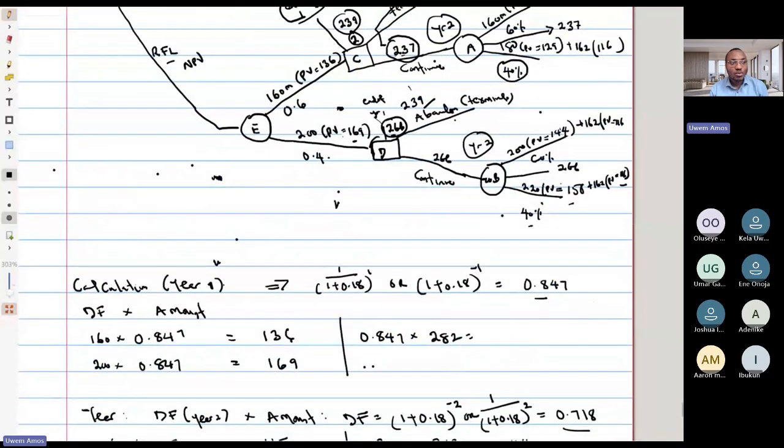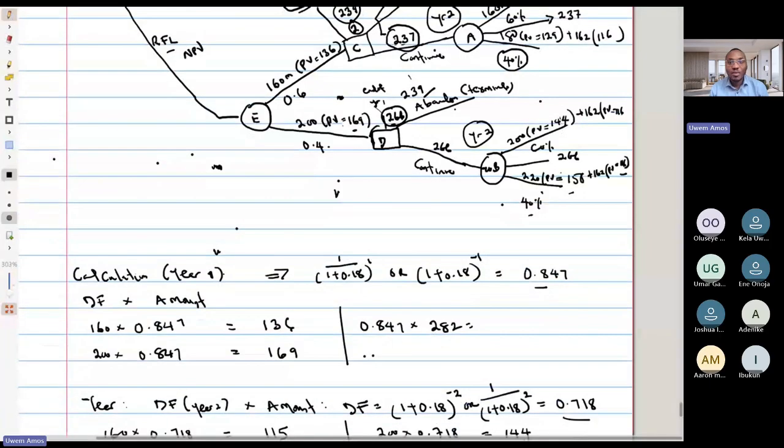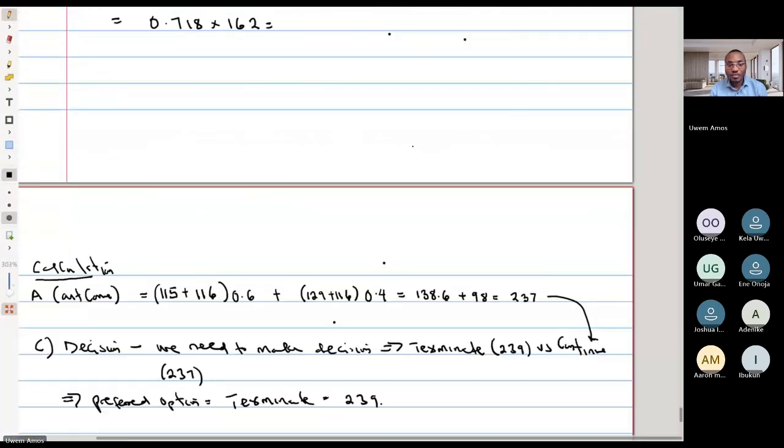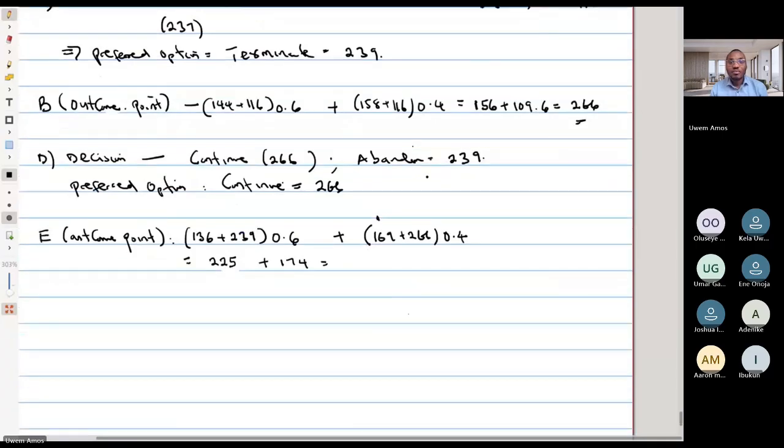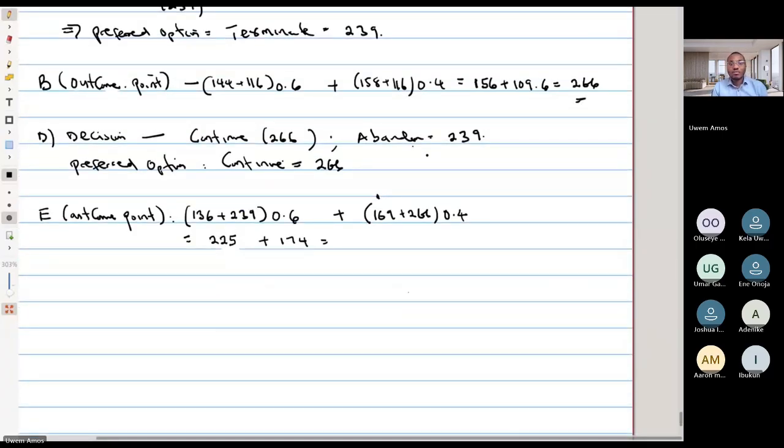Okay, so 169 plus 266. So let's do that again, multiply by 0.4. 169 plus 266 multiplied by 0.4 gives us 174. 174 plus 225 gives us 399.